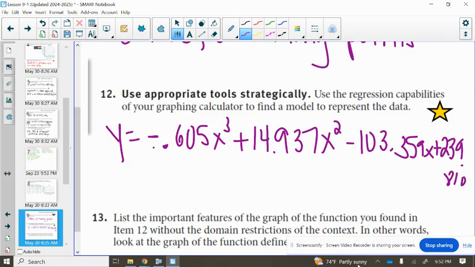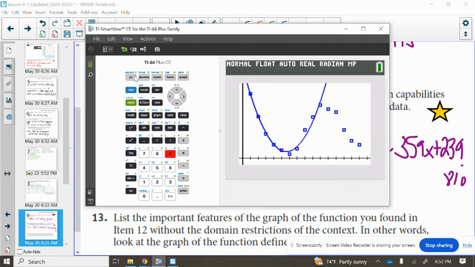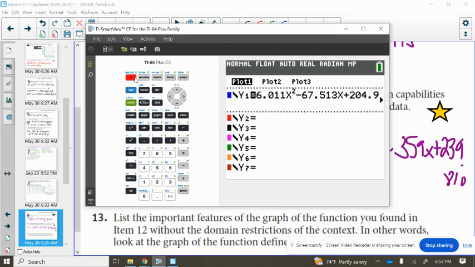Now this time, if we analyze some important features on our particular graph, there are different things we can use with this calculator to actually calculate these features using its capabilities.